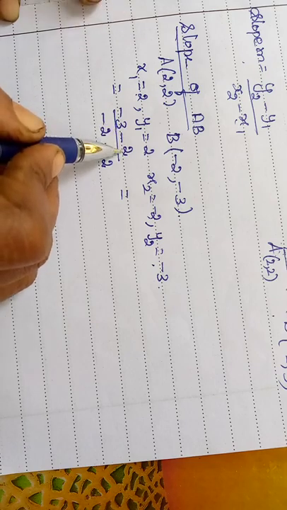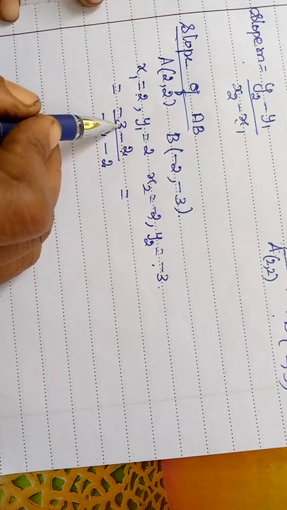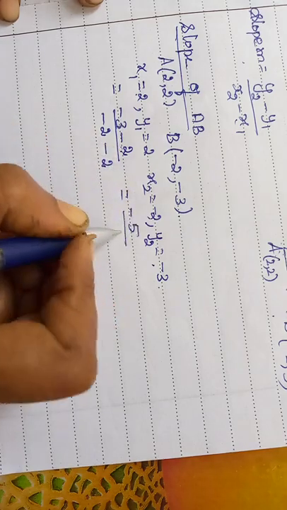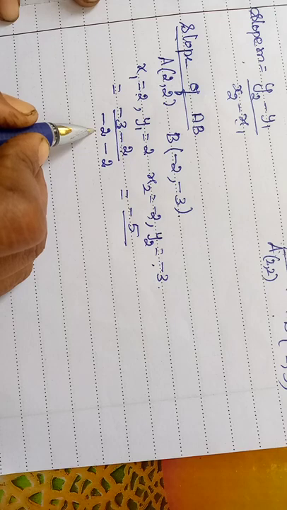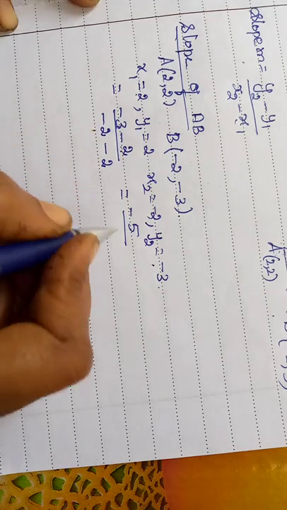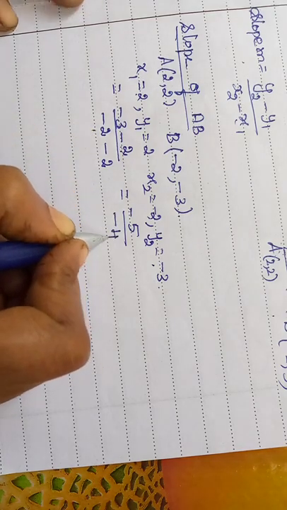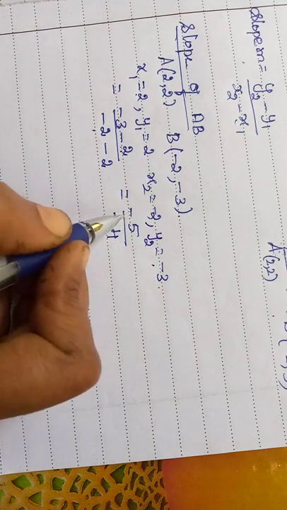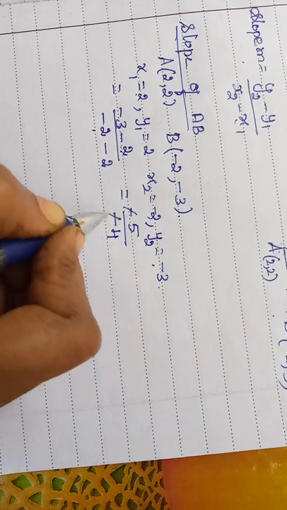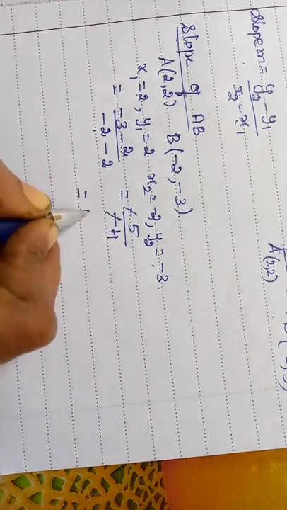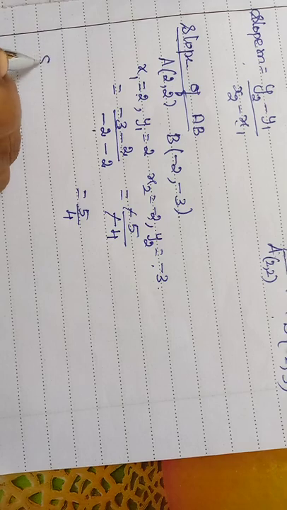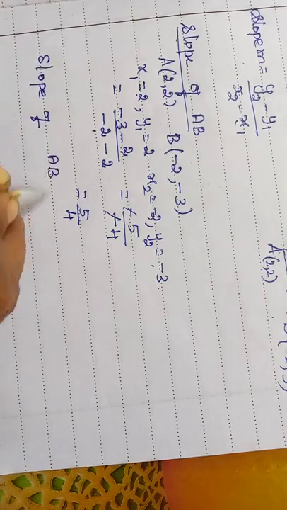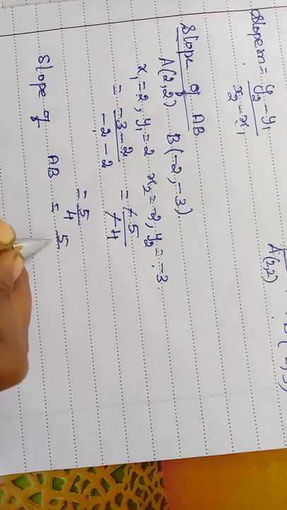So add and give the same sign, that is minus 3 minus 2 we get minus 5, divided by denominator also both the same sign, add and put the same sign, we get minus 4. Up and down we have the minus sign, so we can cancel that, we get 5 by 4. So slope of AB is equal to 5 by 4.